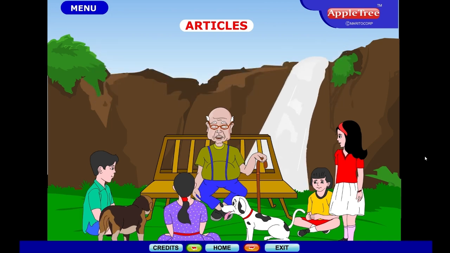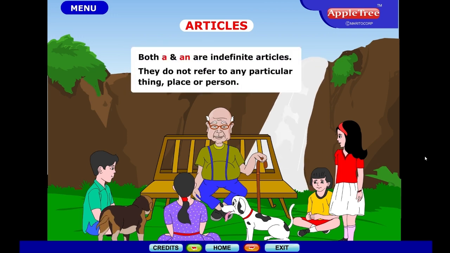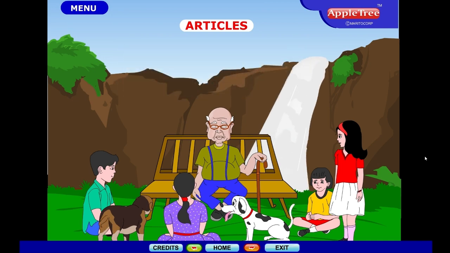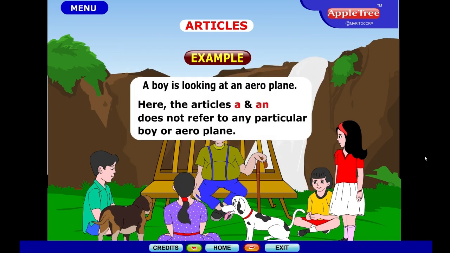That is fine. Keep it in mind that both a and an are indefinite articles. They do not refer to any particular thing, place, or person. Example, a boy is looking at an aeroplane.